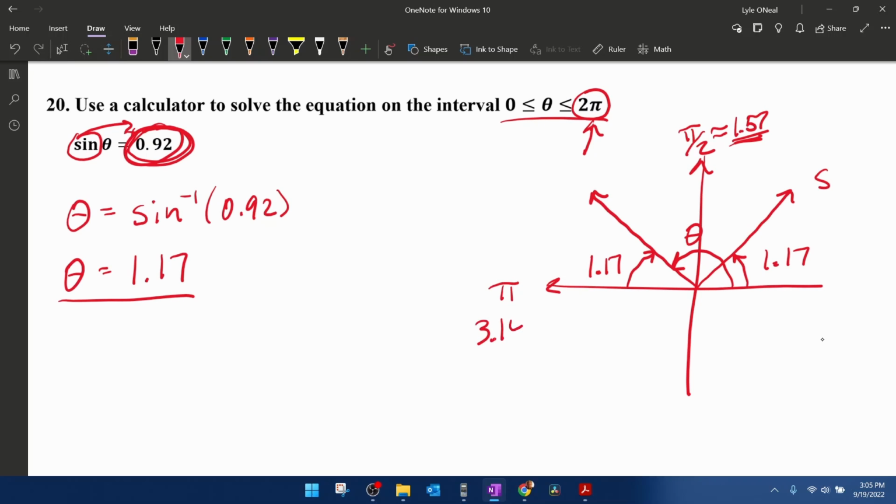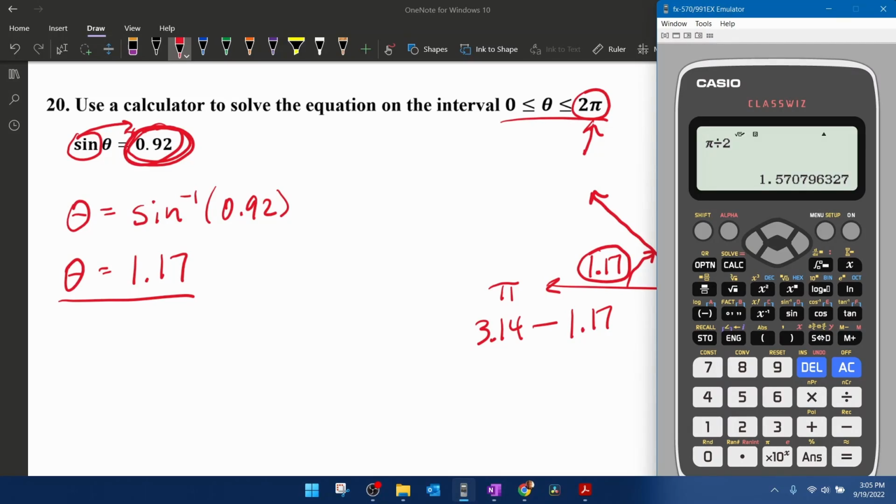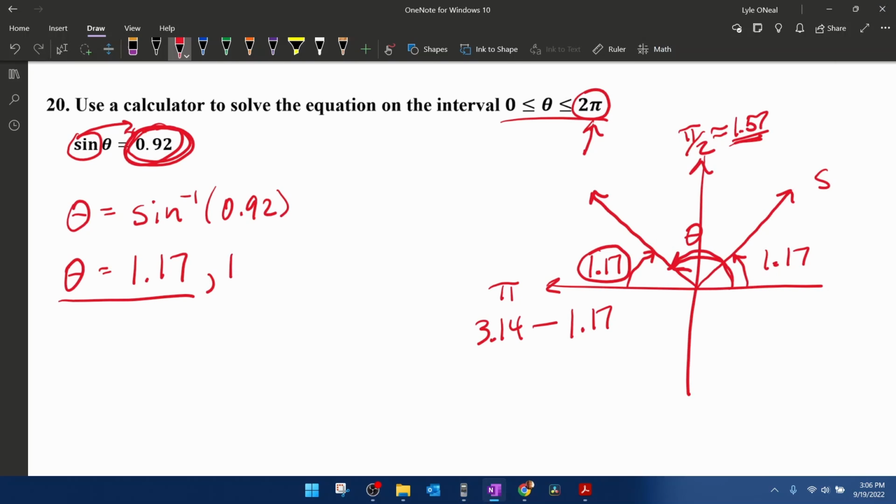Pi is 3.14. And if I subtract this amount, I'll get the angle I need. So I need to subtract 1.17 from 3.14. And as a decimal, 1.97 is the other answer.